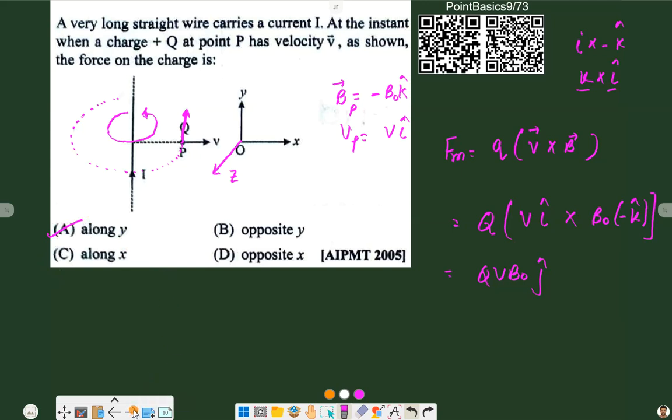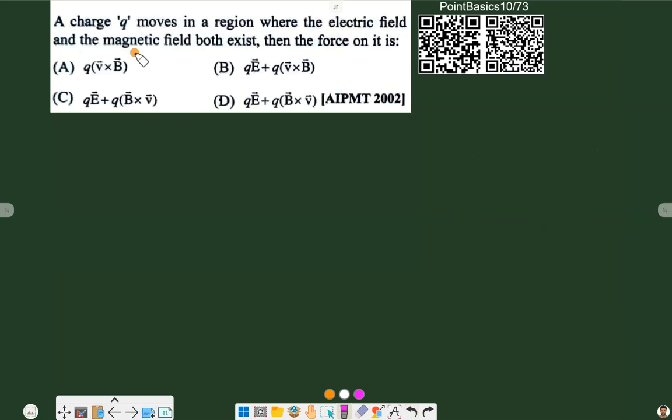Moving to the next one. A charge q moves in a region where electric field and magnetic field both exist. Then the force on it. It is mentioned that both fields are present, and we don't know the angle between the velocity and the magnetic field, or between the velocity and the electric field, so we'll assume they are at some angle.